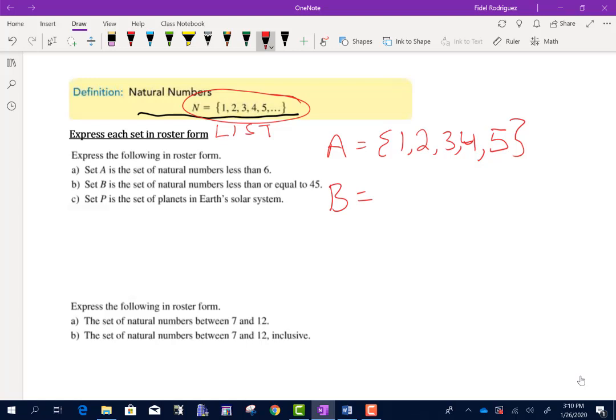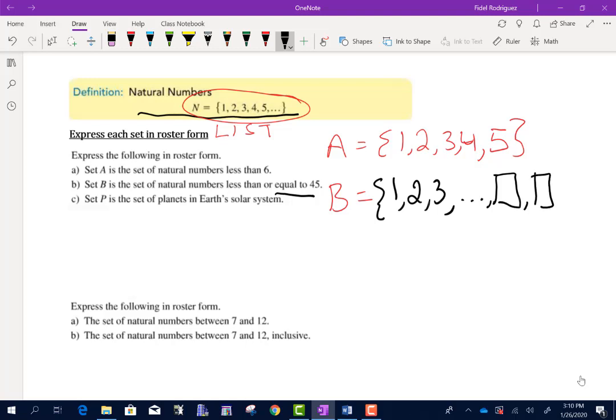Let's take a look at the set B. The set B says the set of natural numbers less than or equal to 45. Okay? So 1, 2, 3. Now guys, I'm not going to expect you to write out the entire set, right? And even when you're doing your homework, you're not going to have to. So we're going to put little dots. Now I want to say in your homework, they're going to have little boxes.